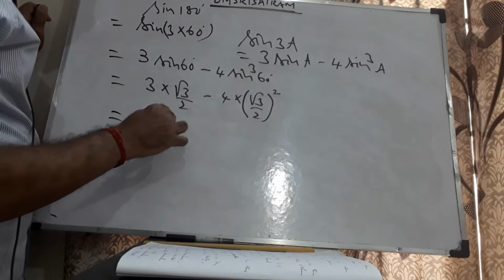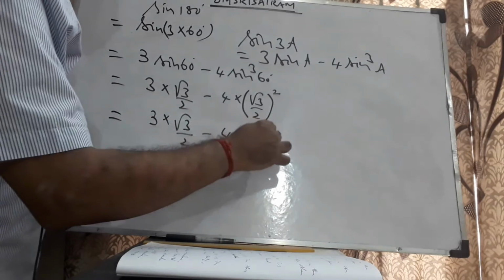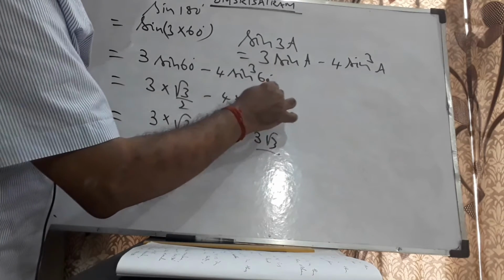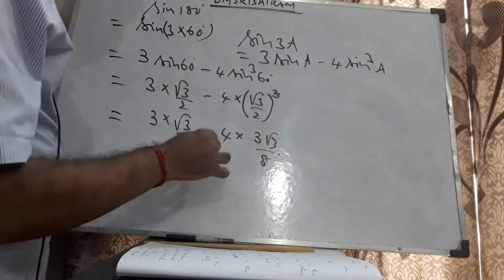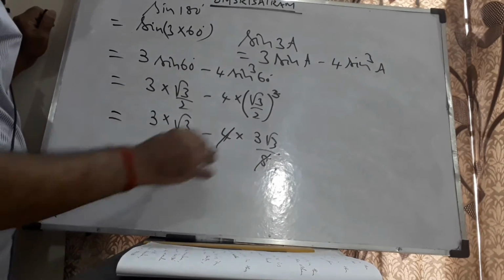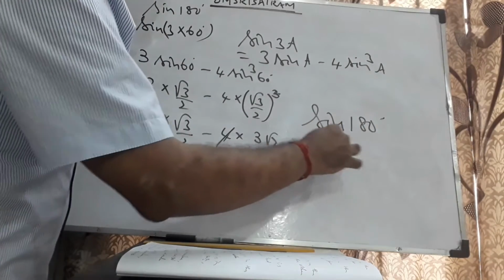Therefore this is reduced to 3 into root 3 by 2 minus 4 into 3 root 3 by, of course, whole cube here. This is 8. This will anyway get cancelled by 2. Therefore this is reduced to 0. Therefore I automatically end up with sine 180 degrees.